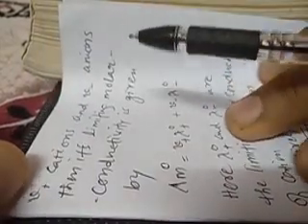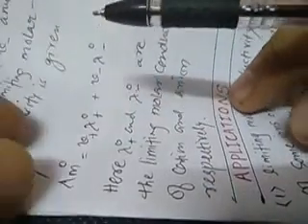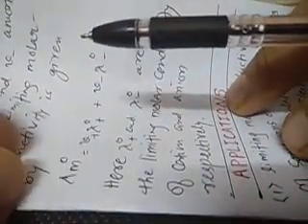Generally, if an electrolyte dissociates and gives mu plus cations and mu minus anions, this is the number of ions, then its limiting molar conductivity is given as lambda m0 is equal to mu plus lambda 0 plus plus mu minus lambda 0 minus.